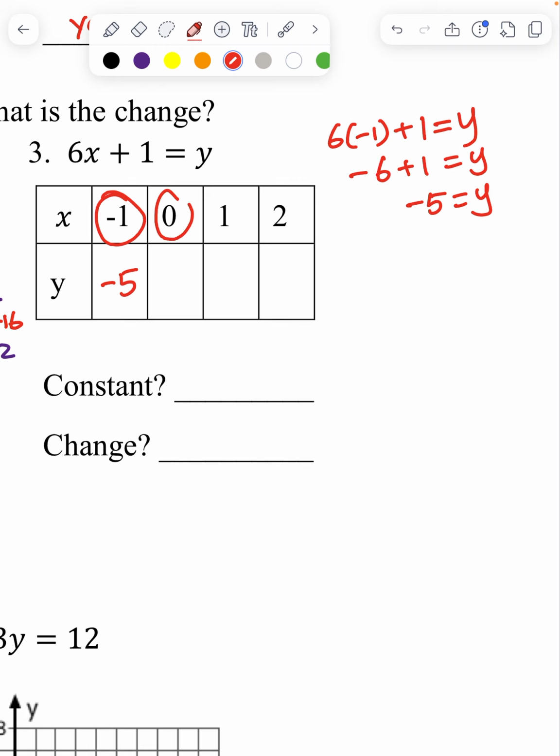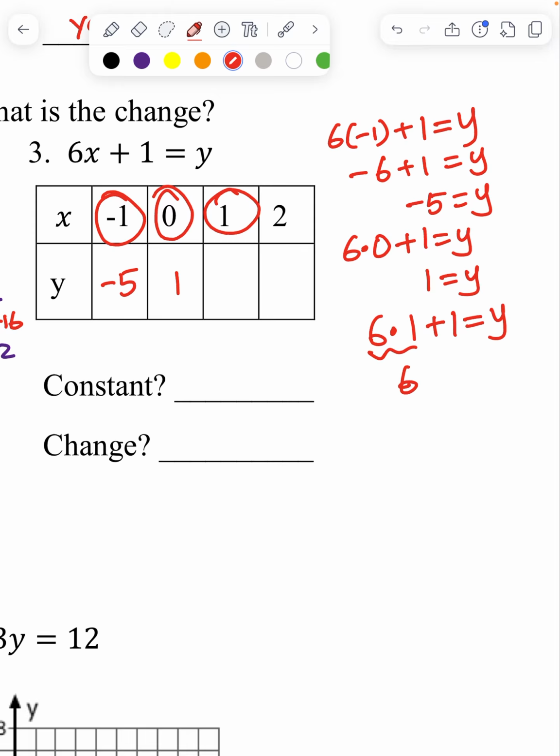Second one, when x equal to 0. 6 times 0 plus 1 equal to y. 6 times 0, that's 0, right? So it is 1. So y equal to 1. Number 3, x equal to 1, 6 times 1, then plus 1. 6 times 1, that's 6. 6 plus 1, that's 7.